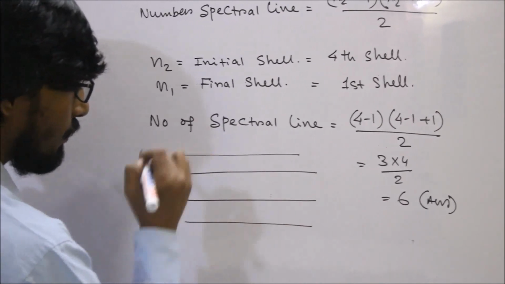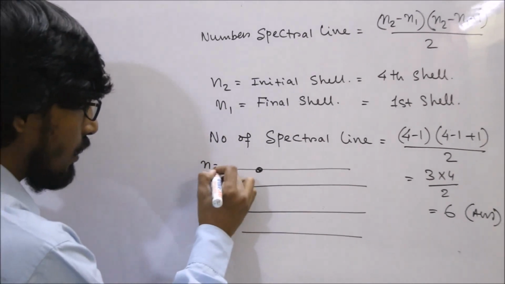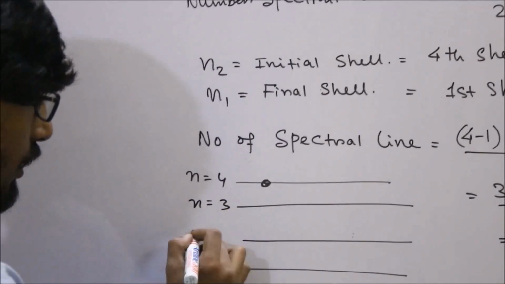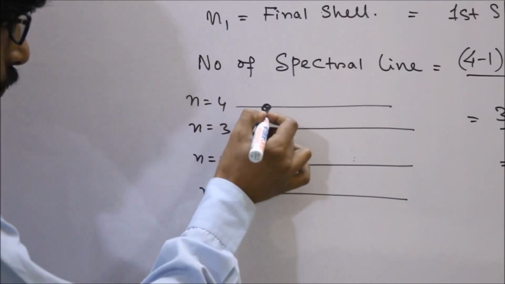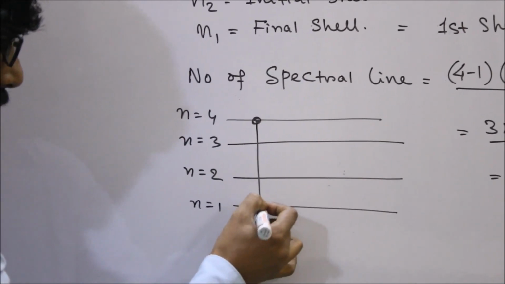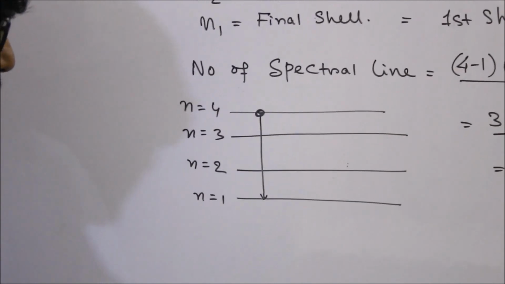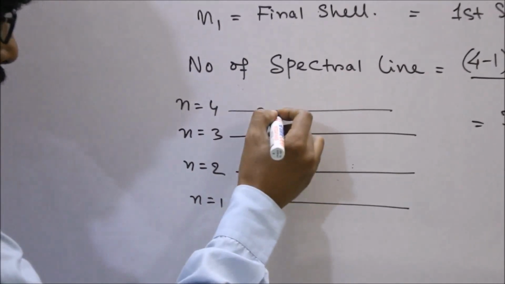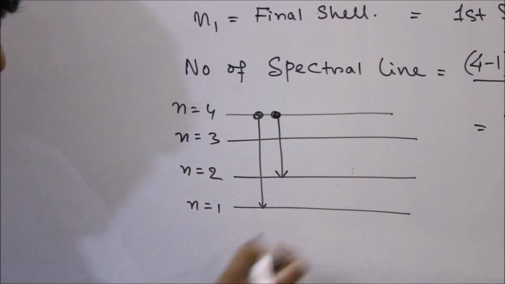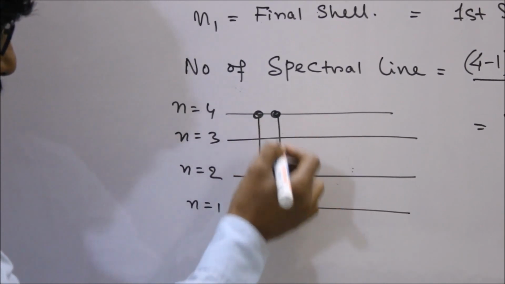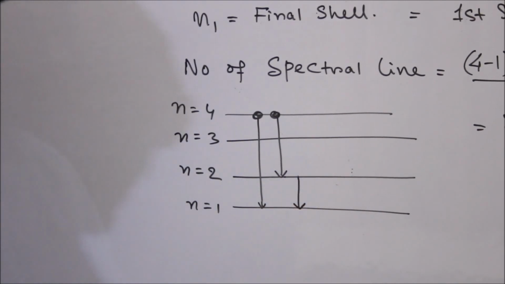That means when electron jumps from fourth shell, that is n equals 4, n equals 3, n equals 2, n equals 1. Electron jumps from fourth shell to first shell. Now one spectral line will be observed. Electron can jump from fourth shell to the third shell, then third to second shell, then second to first shell.